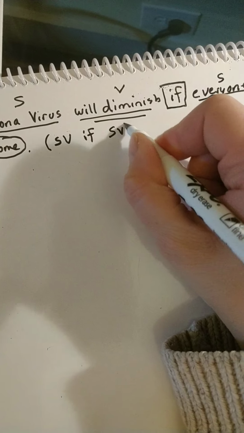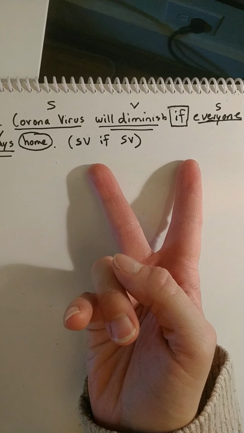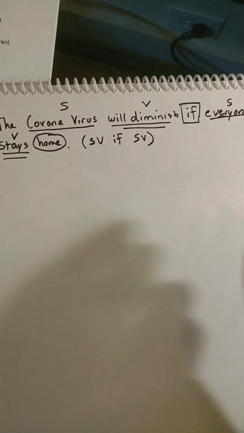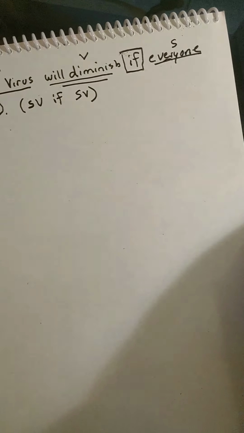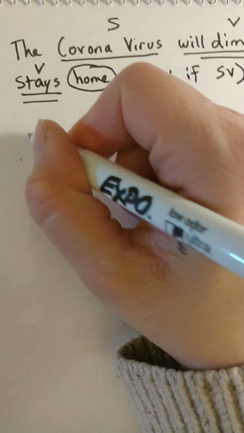Now, if you remember correctly, you can flip the complex sentence, and you can start with the if clause, which is the subordinating clause.